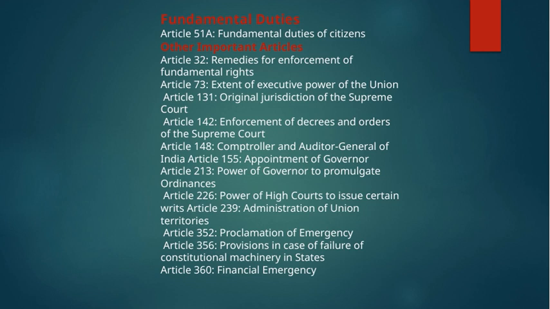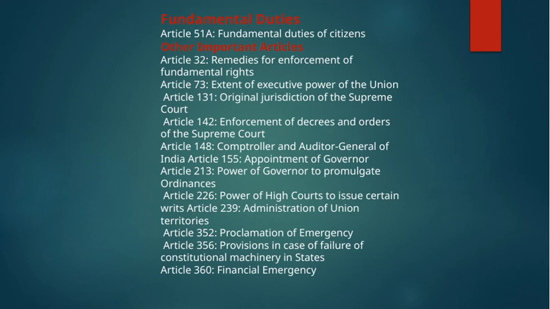They serve as a moral compass for citizens to uphold the integrity of the country. Next, we look at other significant articles that ensure the functioning and protection of our rights. Article 32 is particularly important because it provides the right to seek remedies if our fundamental rights are violated. This is a powerful tool for enforcing fundamental rights through the Supreme Court.